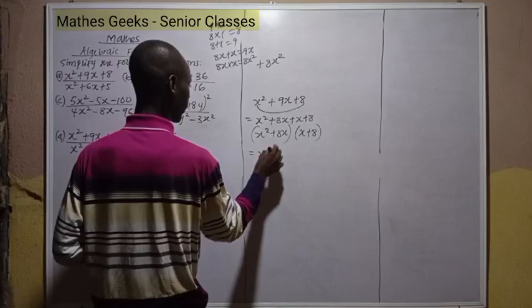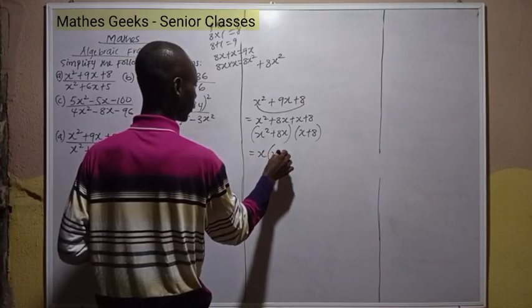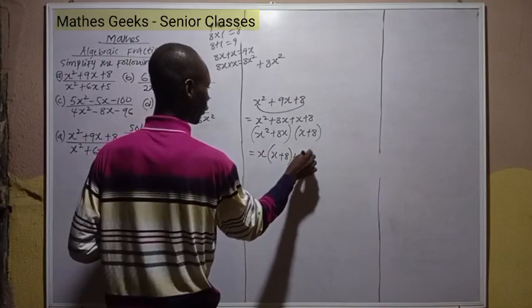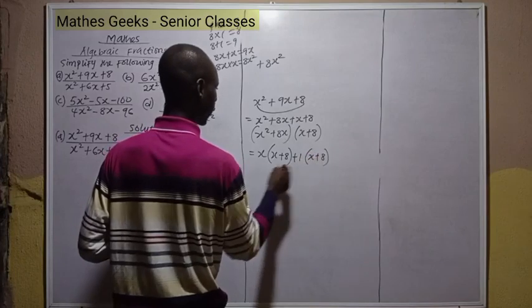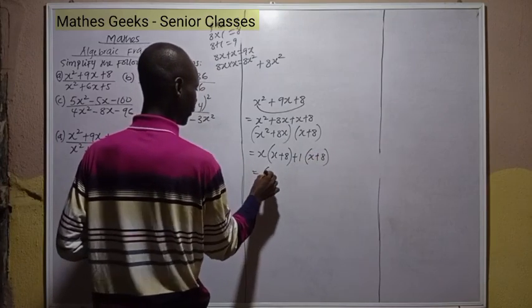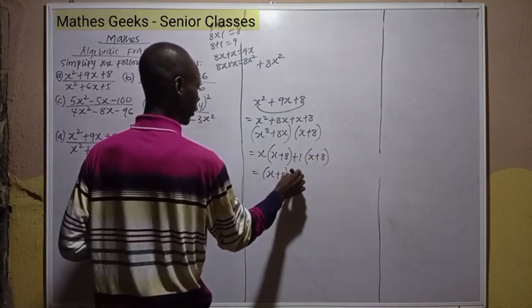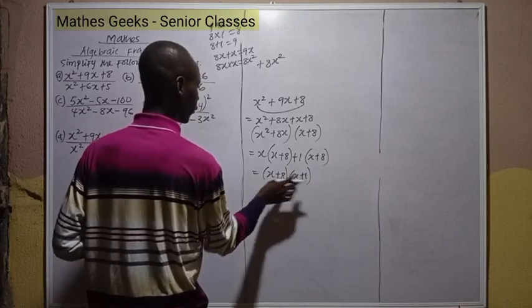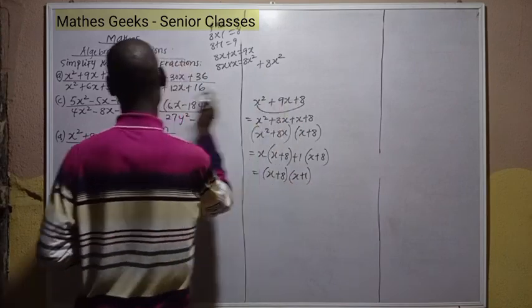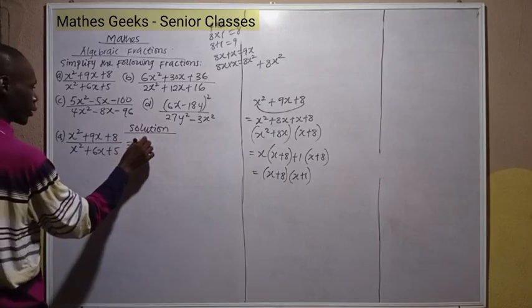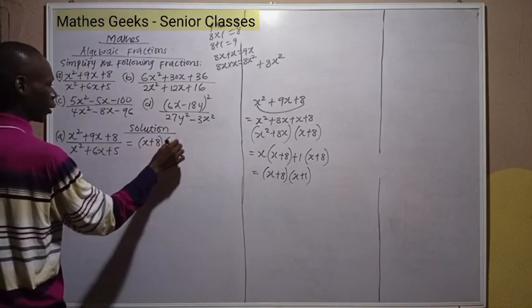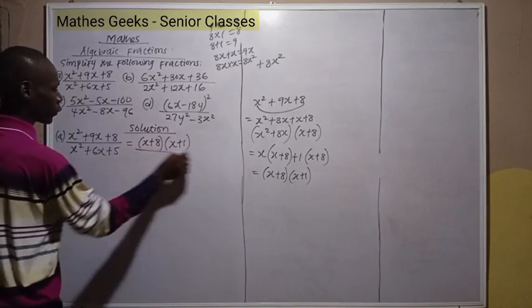So this is equal to x plus 8 plus 1 x plus 8, and this is equals to x plus 8 and x plus 1. So we'll put this in place of this expression here. This will give us x plus 8 and x plus 1 over.